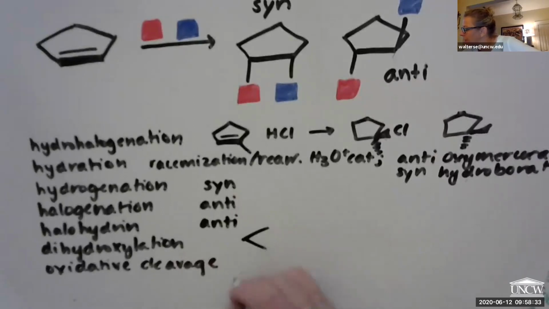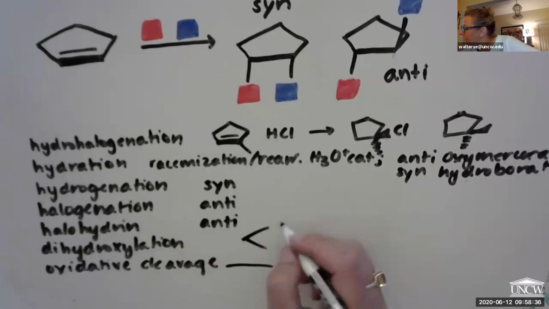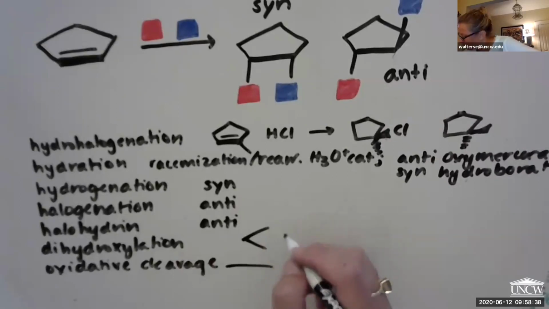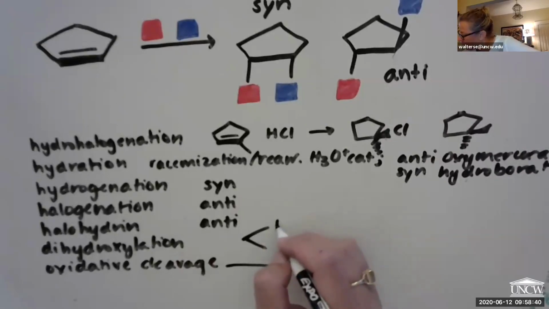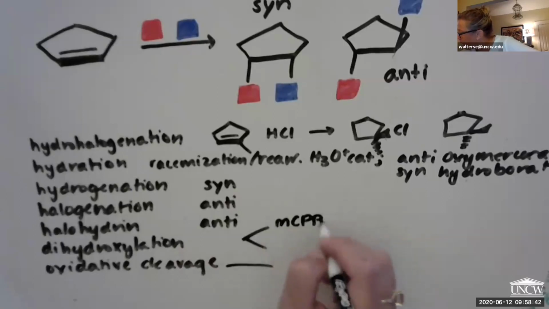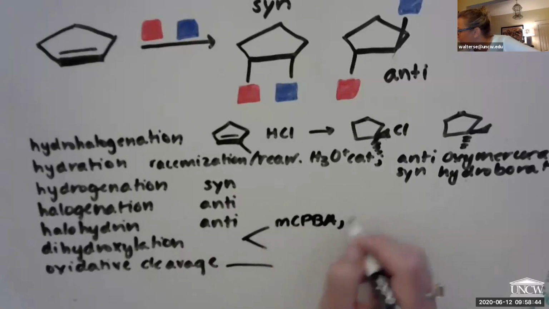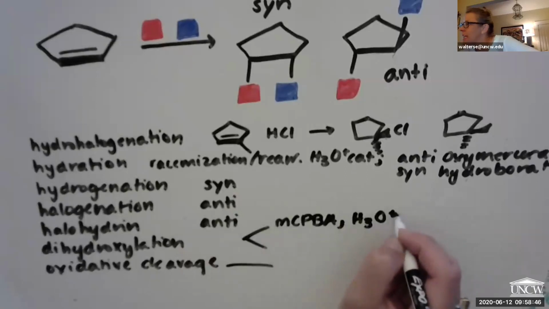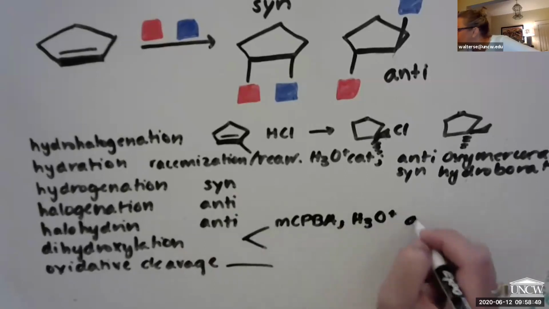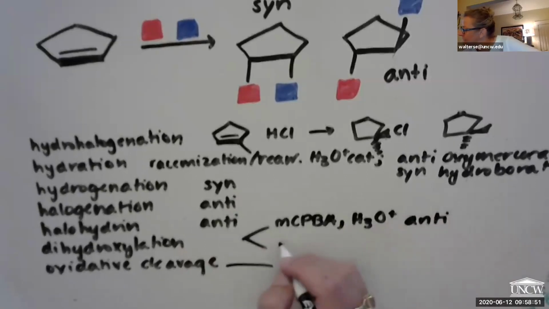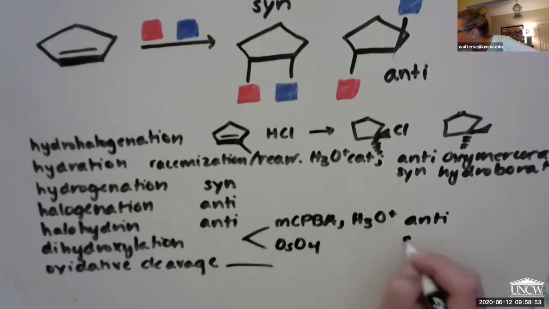Dihydroxylation, with the MCPBA and the acid, makes a trans diol, so that's anti. And then the osmium tetroxide would be syn.